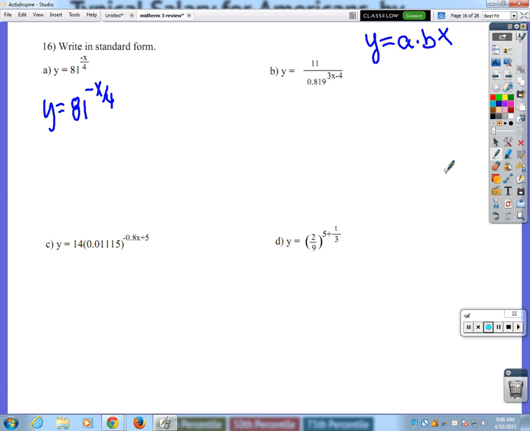Yeah, so you can rewrite this as 81 to the negative 1/4 of the x. No, it would be 1 over 81 to the 1/4. We can just calculate it from here with 81 to the negative 1/4. So 1/3. And 1/3 is 81 to 3, so that's really 1/3 to the x.